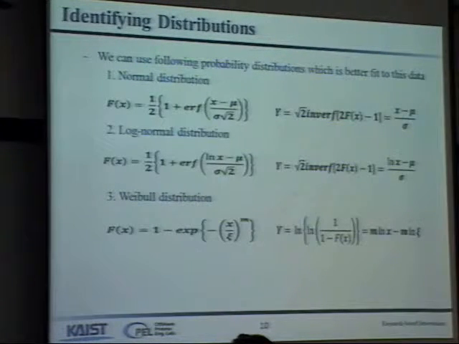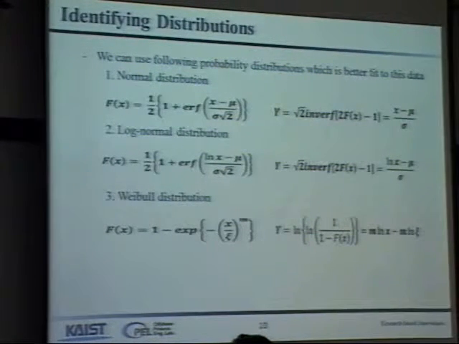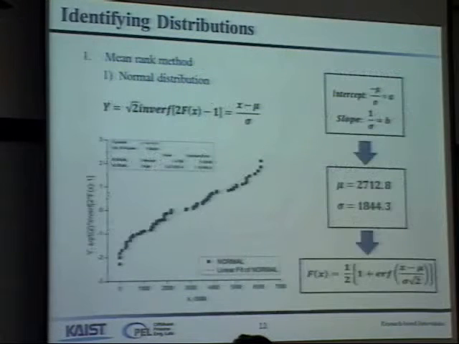We can use the following probability distributions, which better fit the data sets: normal distribution, log normal distribution, and Weibull distribution. First of all, we can find the CDF of normal distribution using the mean rank method.